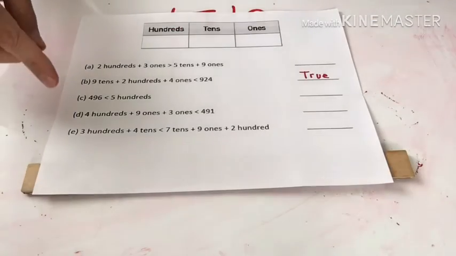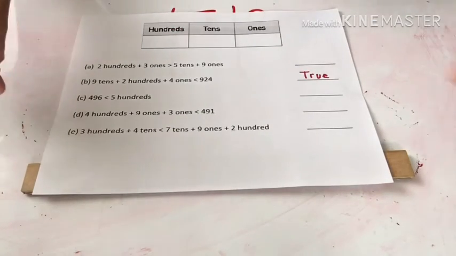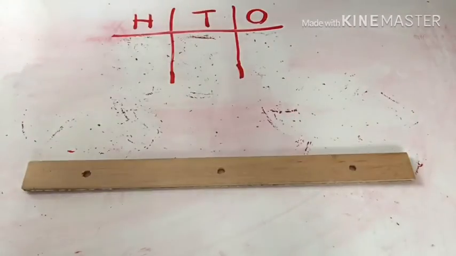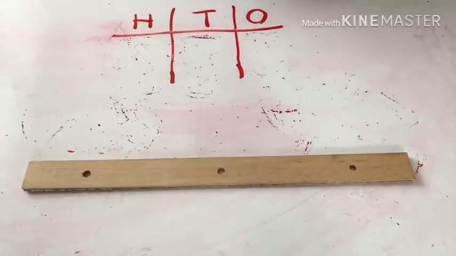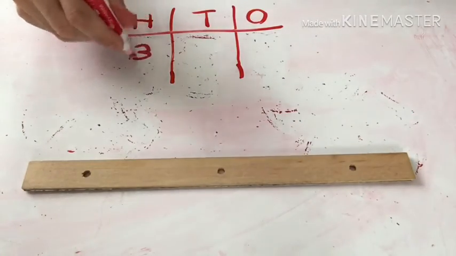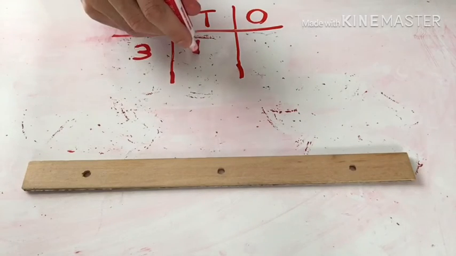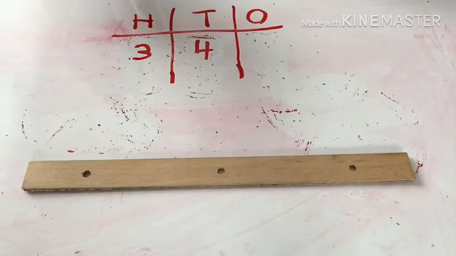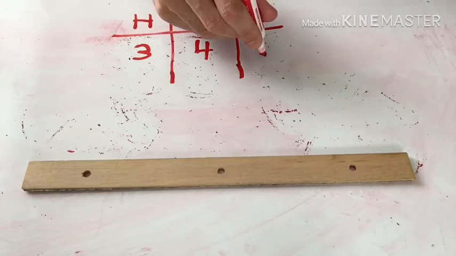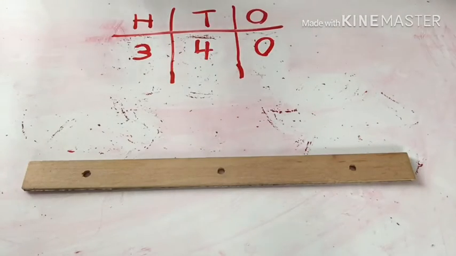Now we're gonna solve the last problem, E. So E says 3 hundredths, 4 tenths. It says nothing about the ones, so we're gonna fill in with a 0.